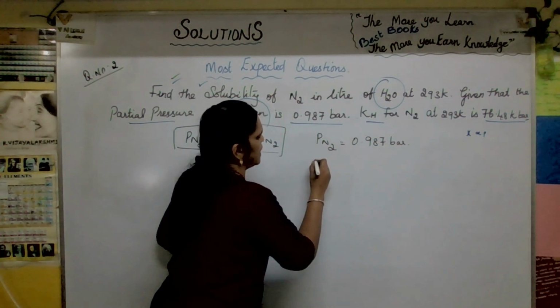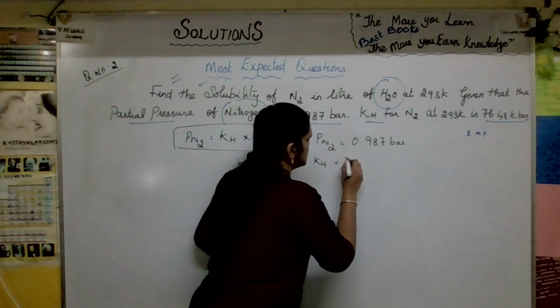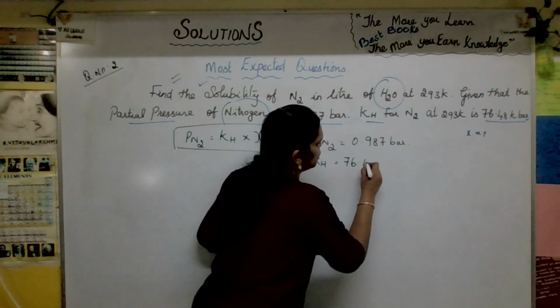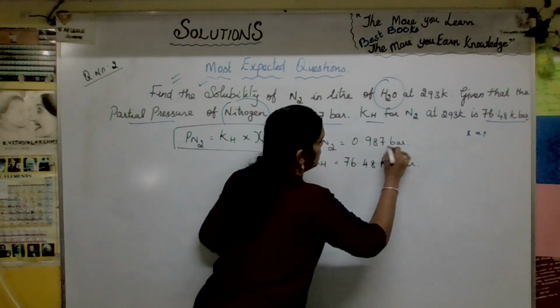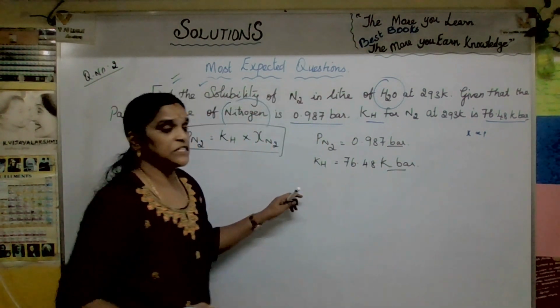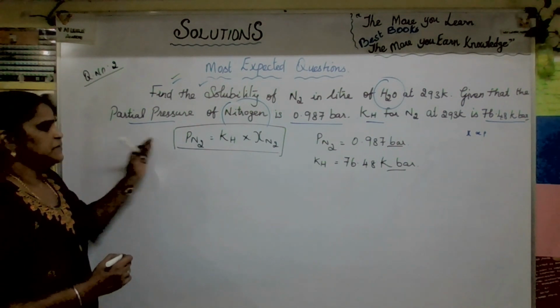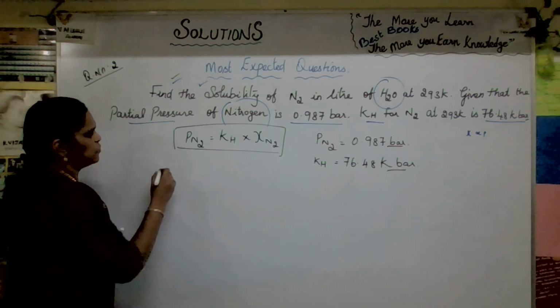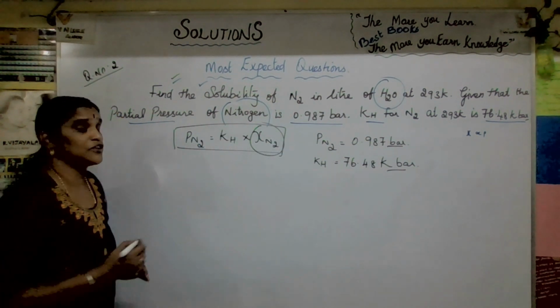The KH value they have given is 76.48 kilobar. Please note the point: here it is bar, there kilobar. That means we have to convert it into bar when applying the formula. So we have to find the mole fraction of nitrogen.